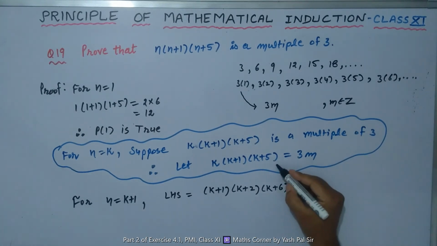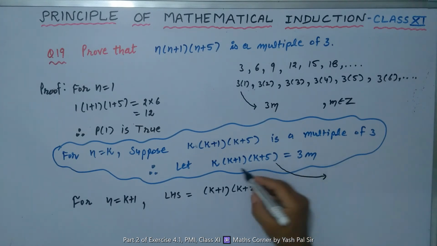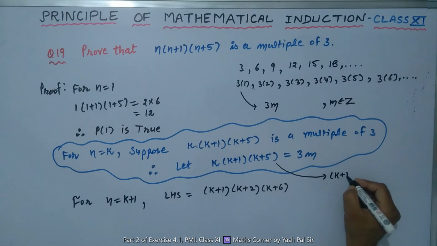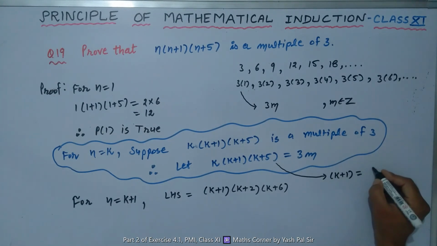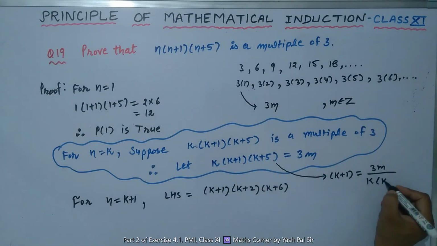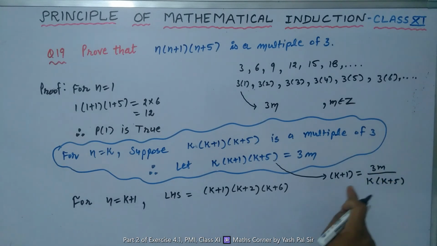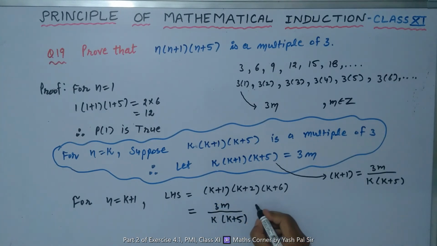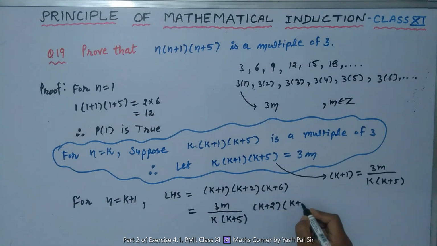From the previous step, here we can take the value of k plus 1. Here k plus 1 is equal to 3m divided by k into k plus 5. So let us substitute this value in place of k plus 1, which becomes 3m divided by k into k plus 5. So what is the next step? Next is k plus 2 into k plus 6.